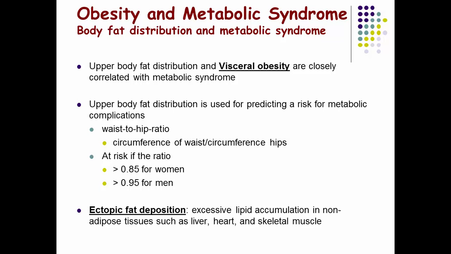So the triglyceride cannot be properly stored in adipose tissue and goes to other non-adipose tissue, for example, the liver, right? So a lot of fat accumulates in the liver, causing fatty liver disease. And you also have fat accumulating in the heart or skeletal muscle, right? In obesity, this kind of situation is called ectopic fat deposition. It's pretty common in severely obese patients and type 2 diabetic patients.